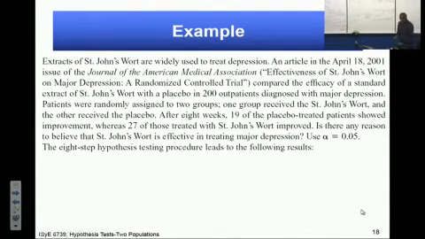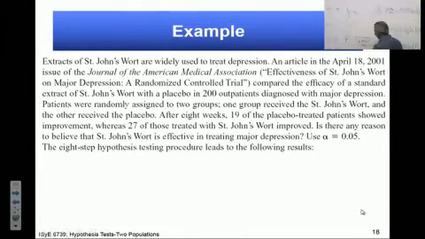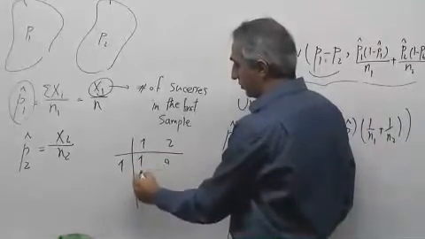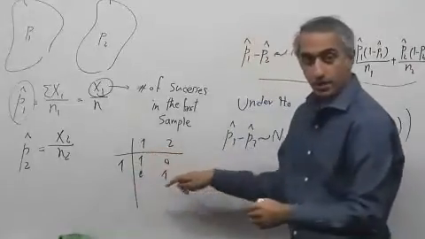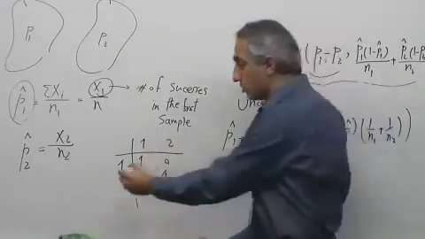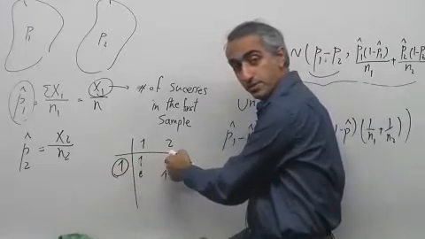Then for each patient, patient 1, you have method 1 and method 2, and then you have 1, 0, 0, 1. So it's kind of like paired, and they are dependent. Why is this column dependent on the second column? Because you are using the same patient for both methods.